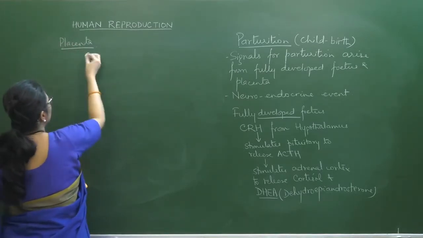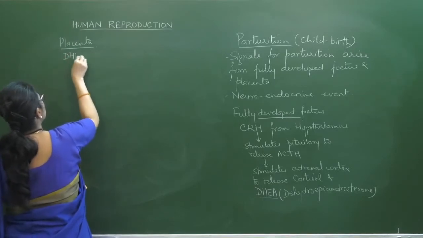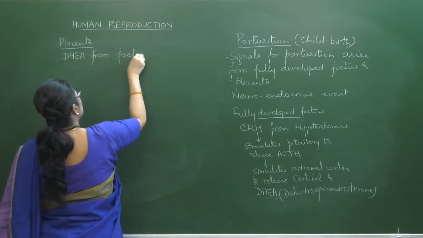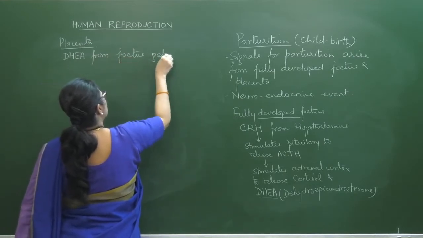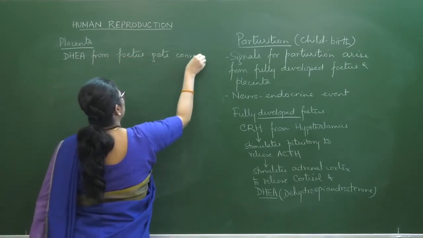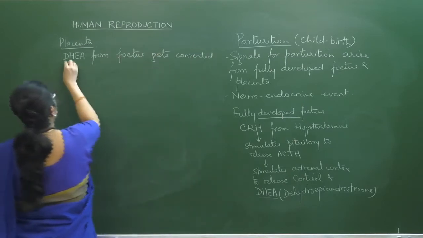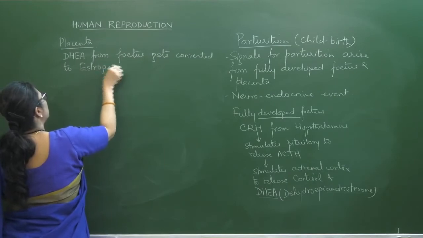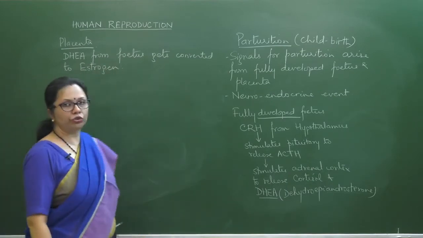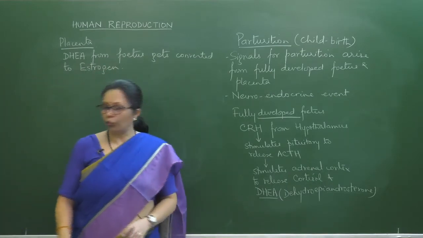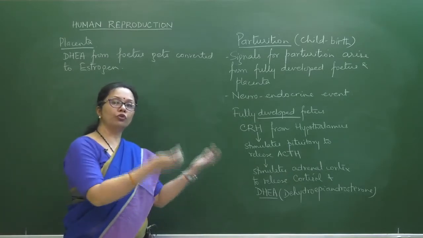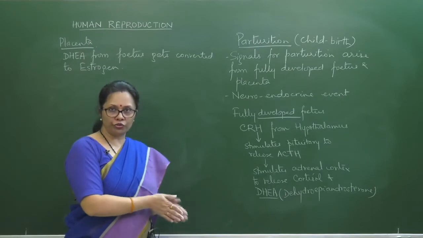So in the placenta, DHEA from the fetus gets converted to estrogen. Now you see the placenta was already secreting estrogen, but now the amount of estrogen is going to increase because there is one more source which can be converted to estrogen.